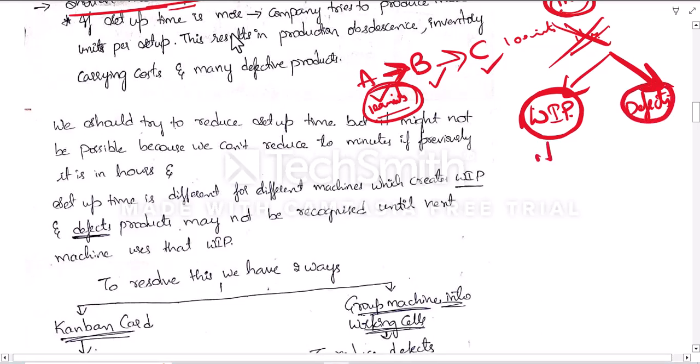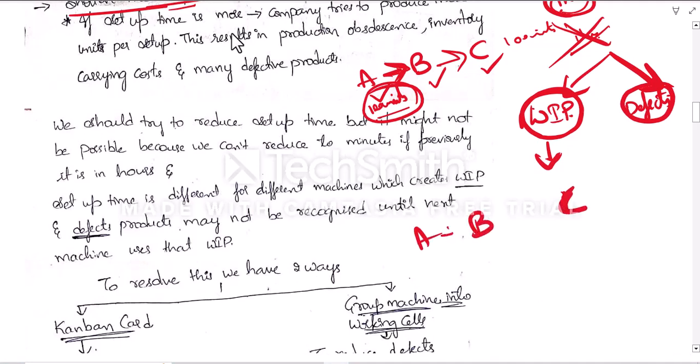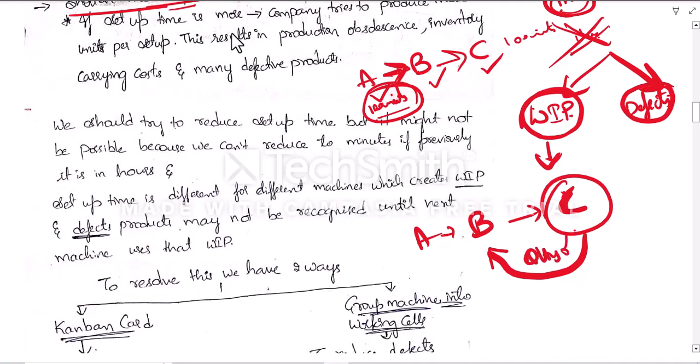What should we do for reducing the work in progress? See, if A, B and C are three machines, the last machine which is providing the output will send a Kanban card to its higher machine about the quantity of material it needs and at what time.